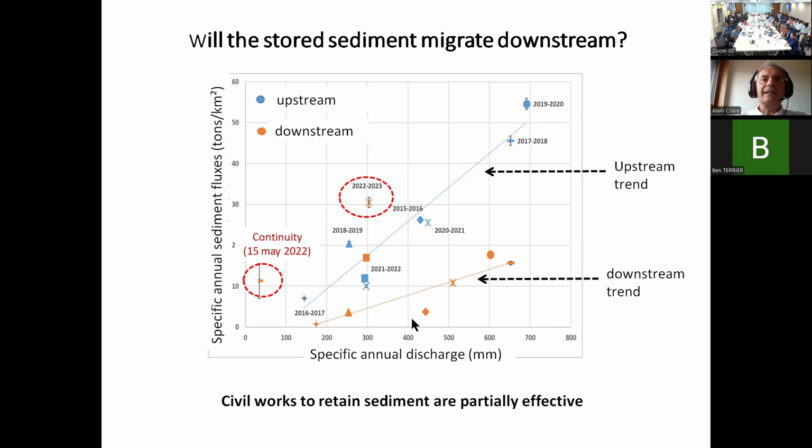You can see that we are at a time where the production of sediment downstream is higher than upstream. It is quite logical because a part of the sediment was not completely managed by the civil work, and a part of the sediment was flushed during the first moments of the sedimentary continuity.